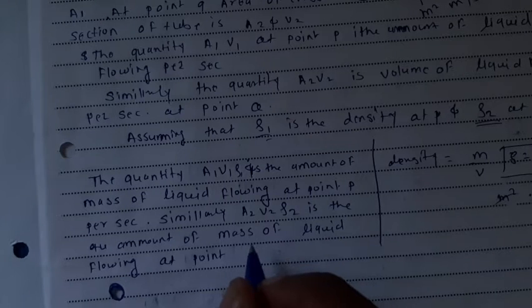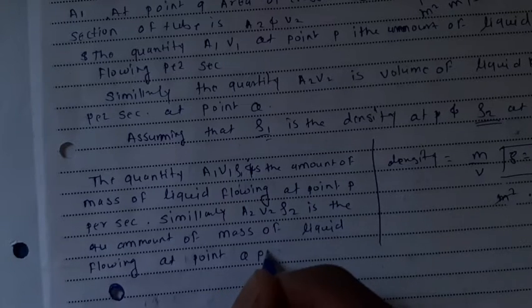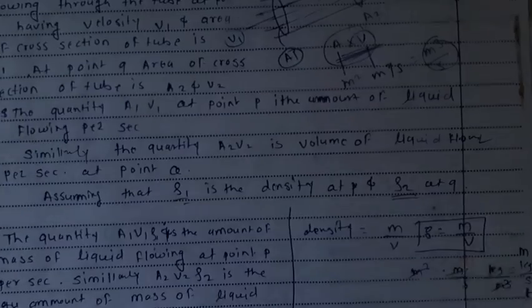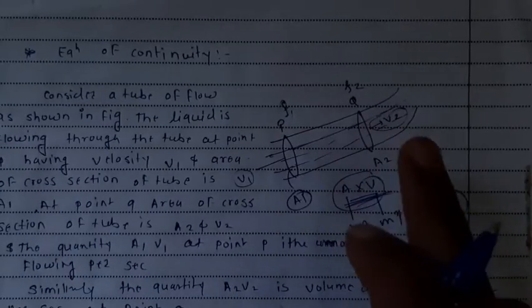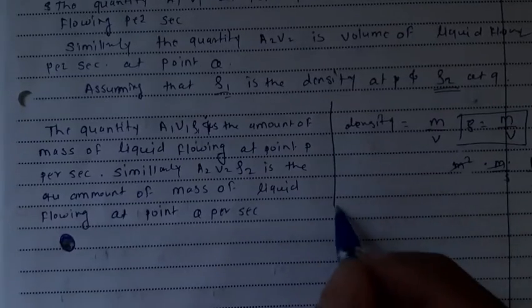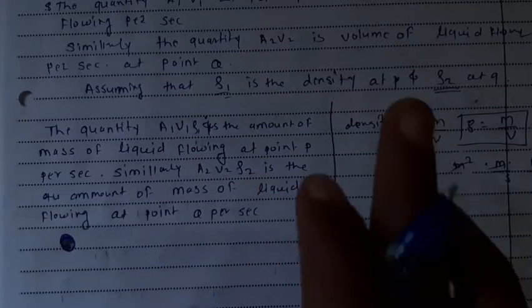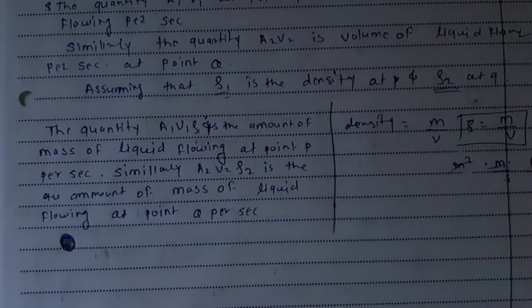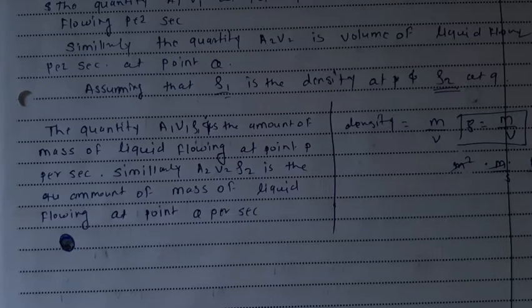Okay, so A2 V2 rho 2 is the amount of the mass flowing per second at point Q, and A1 V1 rho 1 is the mass of the substance flowing at point P per second.